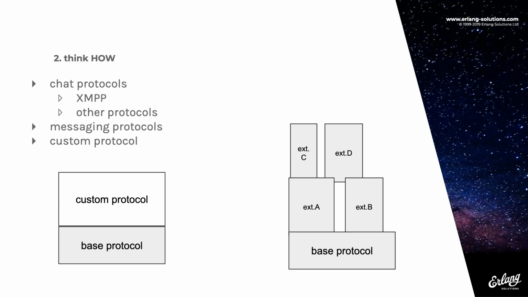So the left diagram is a block diagram of this approach. Another approach is to take some base protocol that is extensible and build your logic on top of this protocol, but using the same paradigm, the same logic. And this is how XMPP works. We'll talk about them in more detail later.